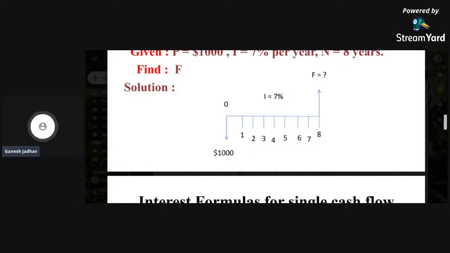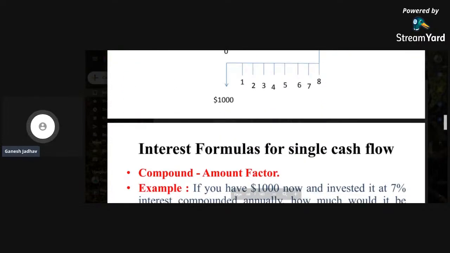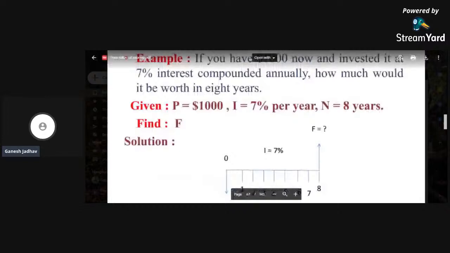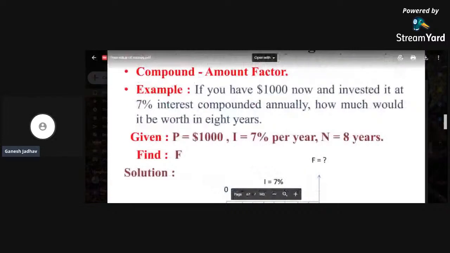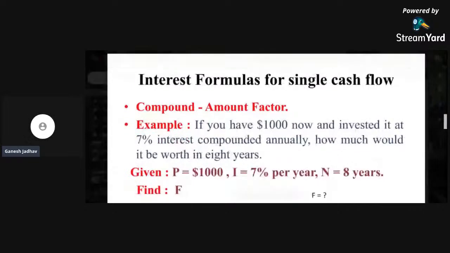You can also calculate your future value by using the formula. So this is the cash flow, the interest formula for a single cash flow.